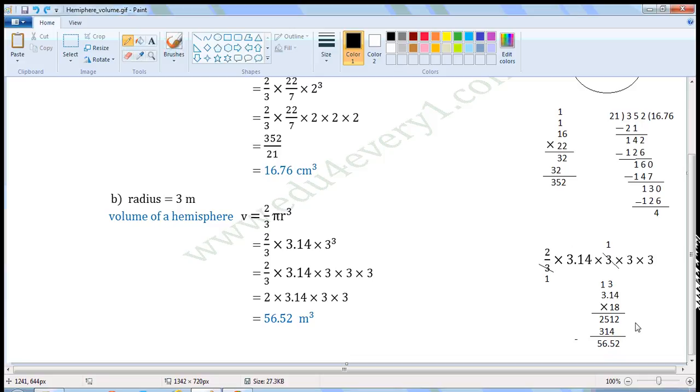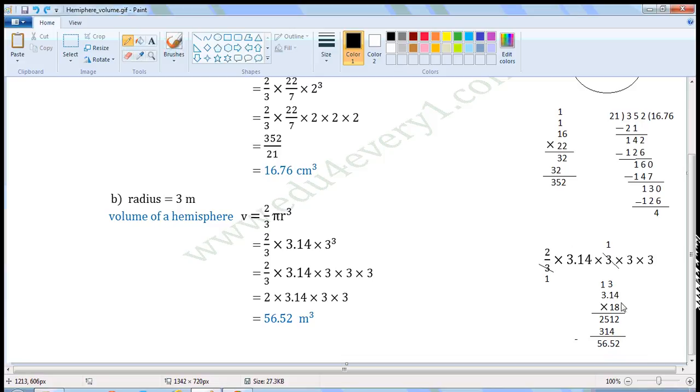Now the multiplication part is completed. We have to add these numbers. There is 2 here, so write 2 here. 1 plus 4 is 5, so write 5 here. 5 plus 1 is 6, so write 6 here. 2 plus 3 is 5, so write 5 here. Now count the number of decimal places.